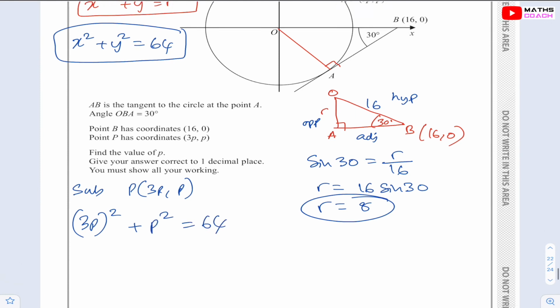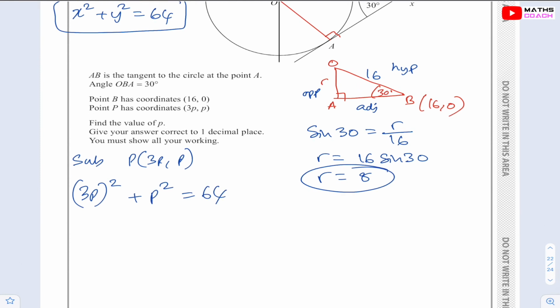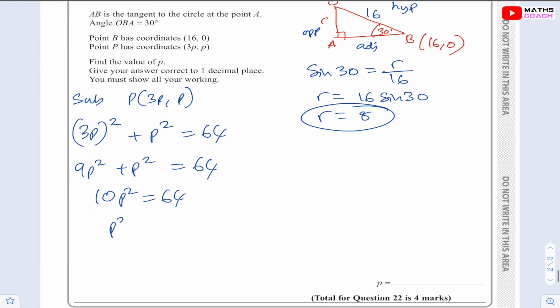That's equal to 64. If we expand this out now, we get 9P² + P² = 64. 9P² + P² is 10P² = 64. And P² would be 64 divided by 10, which is 6.4. And therefore, square rooting both sides would give us P equal to 2.5.